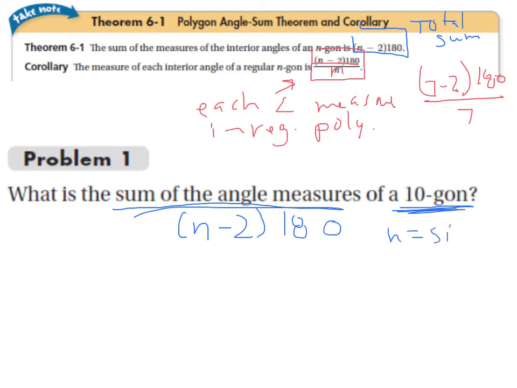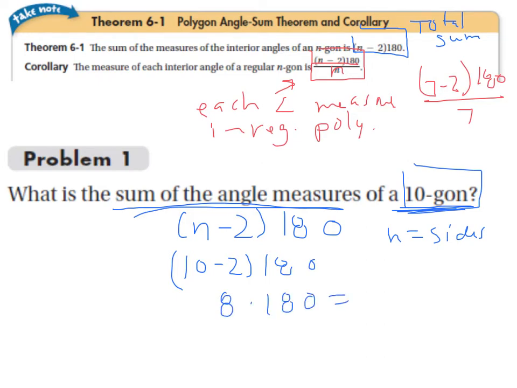In this problem, I have a decagon, so I'm going to replace n with 10. So I have to do 10 minus 2, which is 8, and 8 times 180 is equal to 1,440 degrees. So the sum of the angles in a decagon is 1,440 degrees.